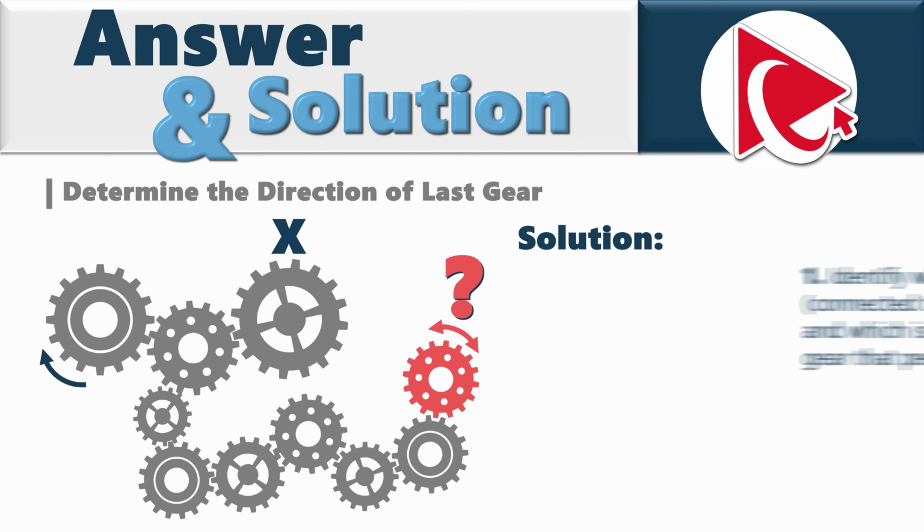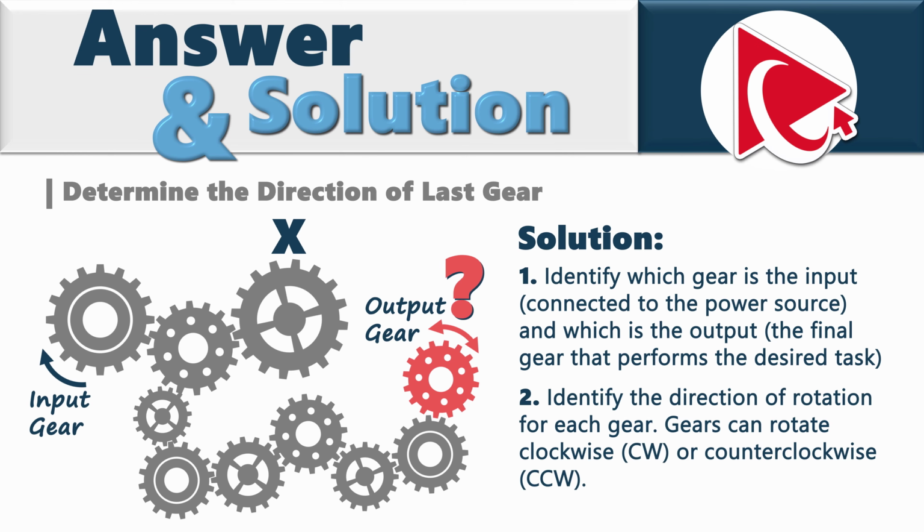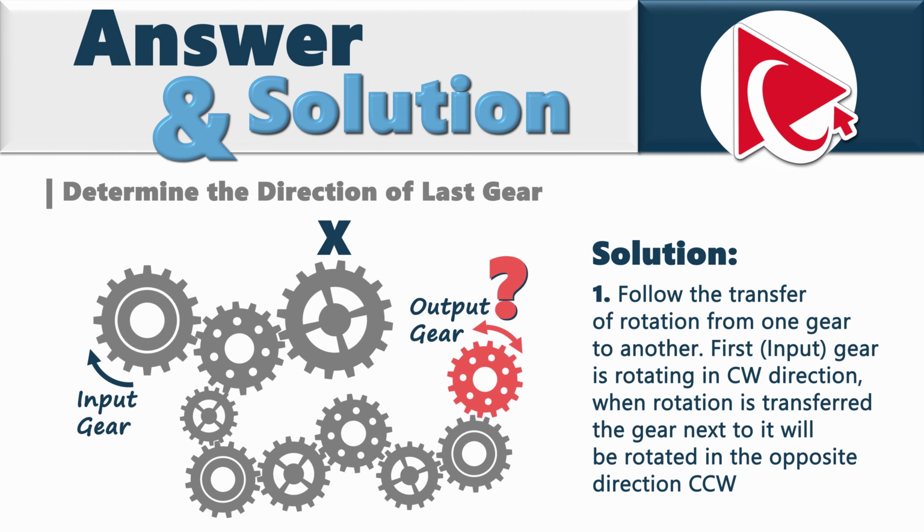To solve this question, we need to identify which gear is the input, which one is connected to the power source, and which one is the output gear, the final gear that performs the desired task. In the next step, we need to identify the direction of rotation for each gear. Gears can rotate clockwise, this is where the abbreviation CW comes from, or counterclockwise, this is what CCW stands for. Let's solve this challenge by following the transfer of rotation from one gear to another.